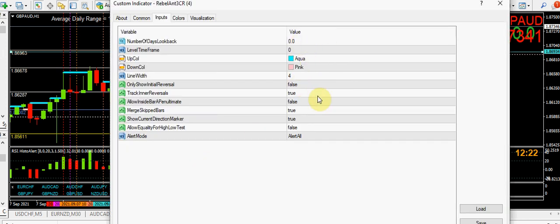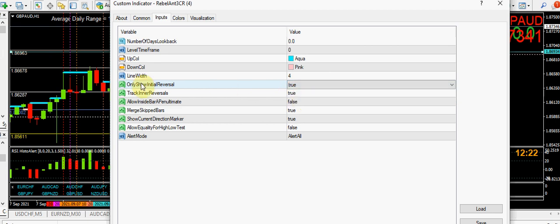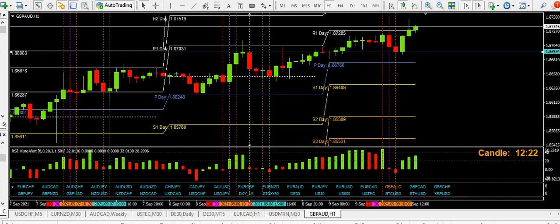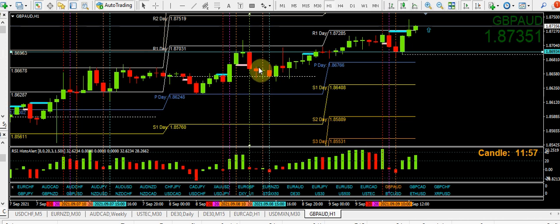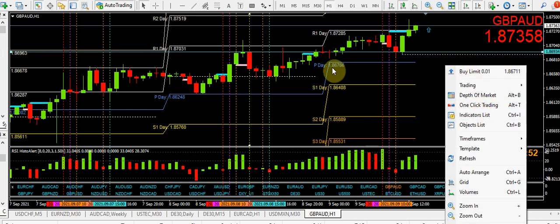I've got it set to all sorts of funny permutations on here, but if we change that to true, only show the initial, but we have the internals, I think it shows both. Nope, we haven't got the initial one on there, because that should be that high there showing. Let's take off the internal, and you will see probably that one disappear.